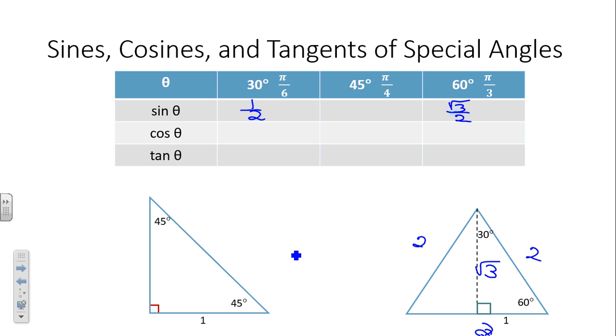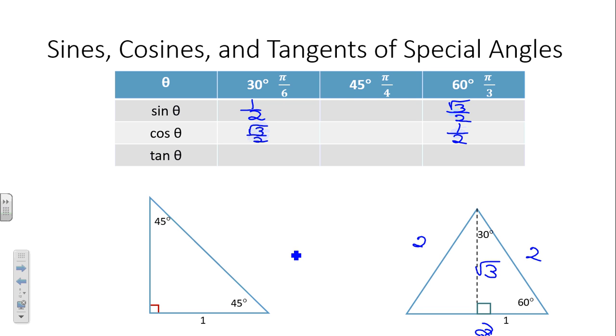Because sine and cosine are cofunctions, the cosine of 30 degrees is the adjacent over the hypotenuse, or the same as the sine of 60. And the cosine of 60 is the same as the sine of 30, because the adjacent over the hypotenuse is 1/2. I just kind of flip them, okay?